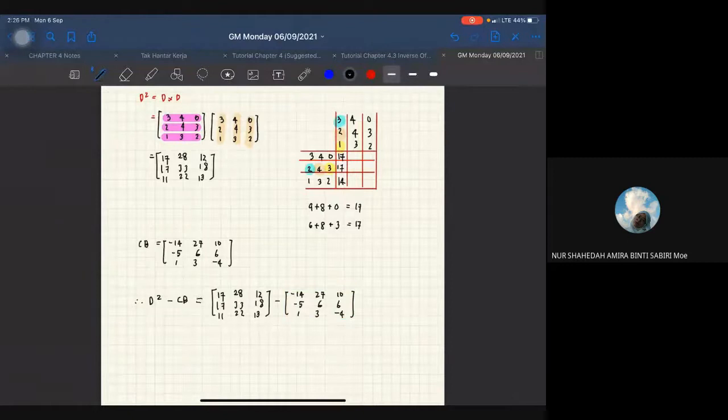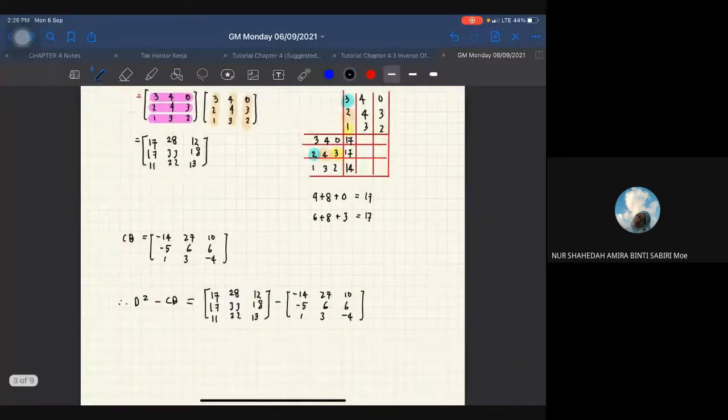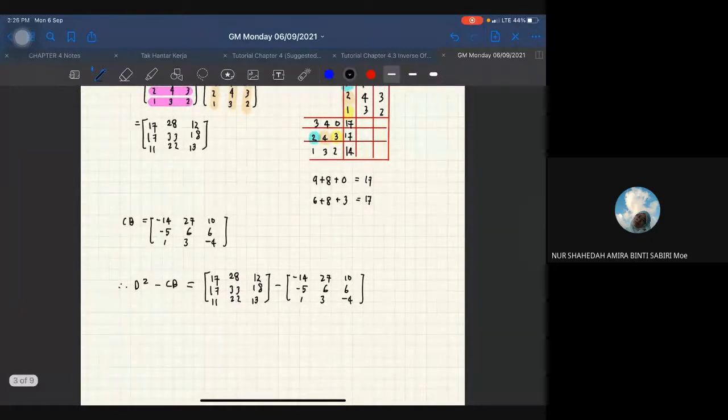Untuk minus, kita mestilah make sure number of rows and element tu sama. Untuk this one dia dah sama. We have 3 by 3 over here and 3 by 3 kat sini, so kita bolehlah tolak dua matrix ni.